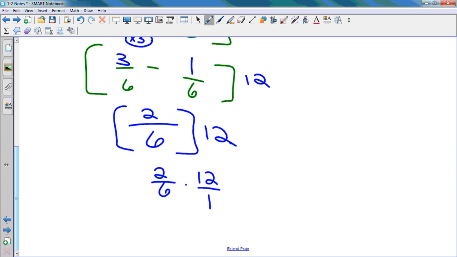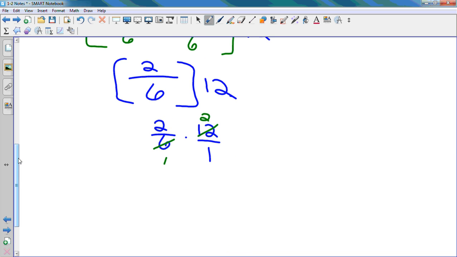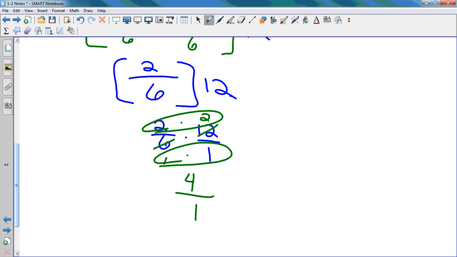Can you cross reduce 2 and 1? No. What about 6 and 12? Sure. They reduce to 1, divide by 6, divide by 6. Once you've cross-reduced, what's the next step? Sure. 2 times 2? 4. 1 times 1? 1. What's 4 over 1? 4.